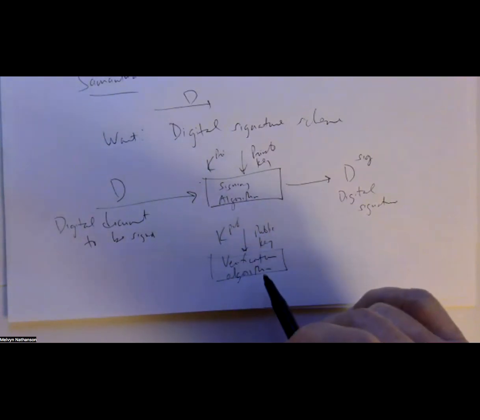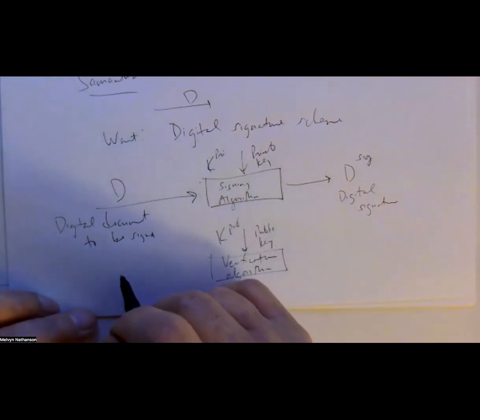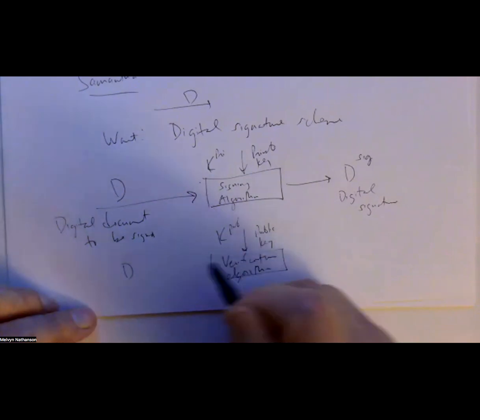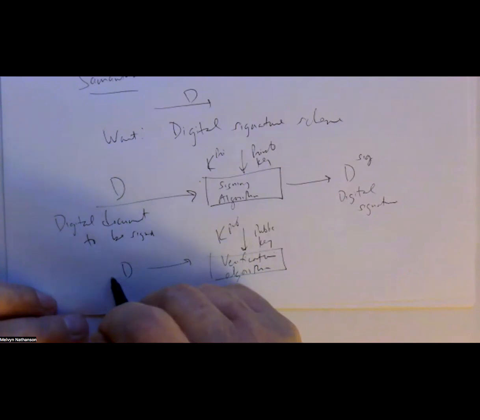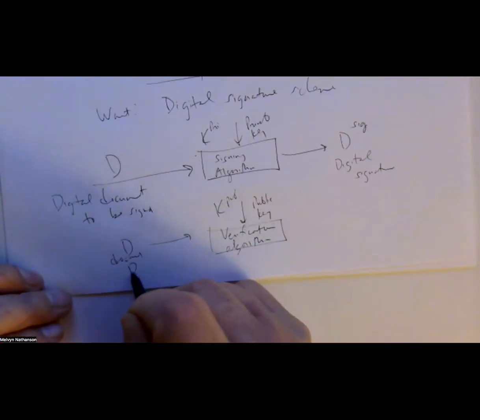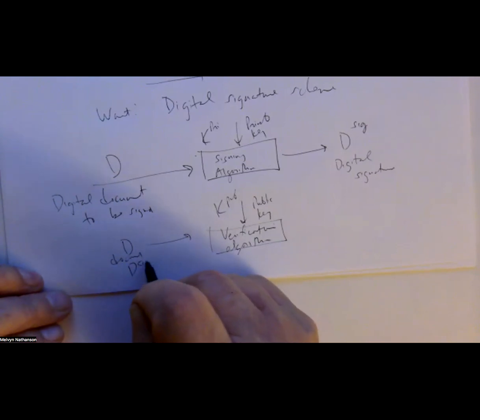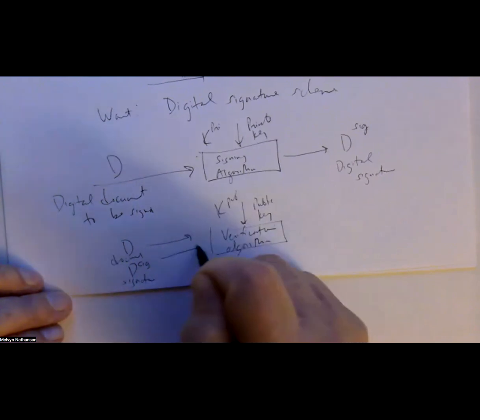So there's some public key that allows you to verify. So what goes into this verification algorithm? So there is the document, and the signature. Right?